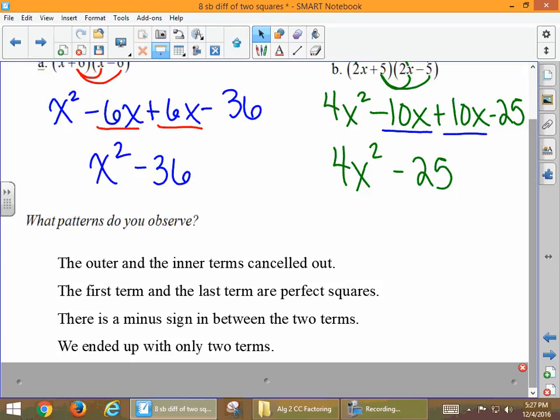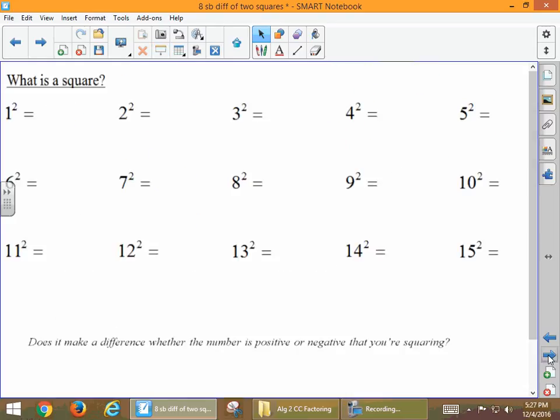Well, I've talked about it and kind of even explained it, but what is a square? Well, a square is a number times itself.